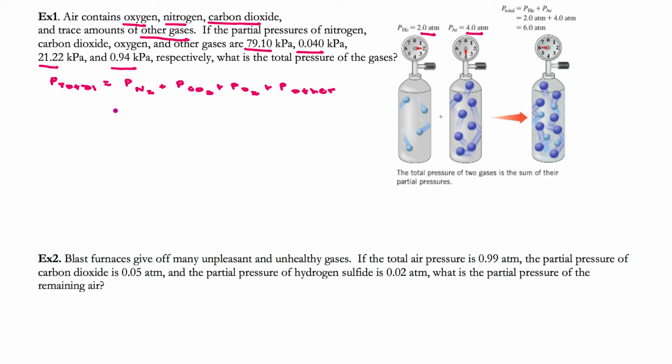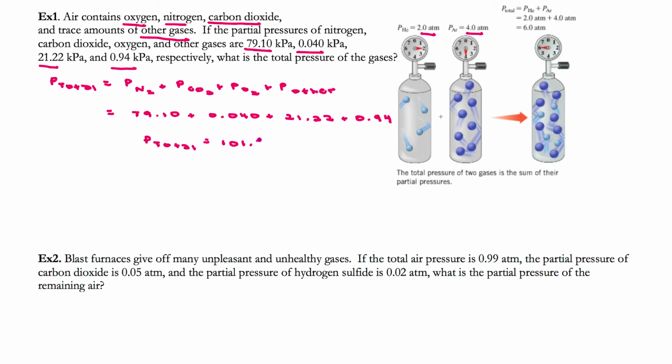All right, so all I have to do to find the total pressure now is add them up. So 79.10 kilopascals plus 0.040 kilopascals plus 21.22 kilopascals plus 0.94. So what I get for my total pressure here is 101.3.